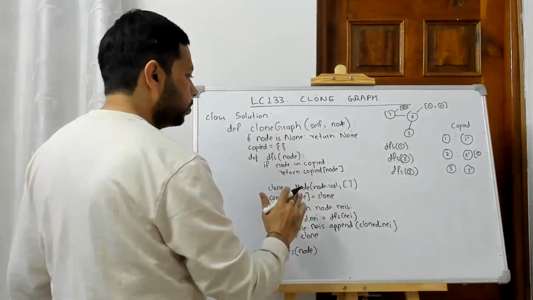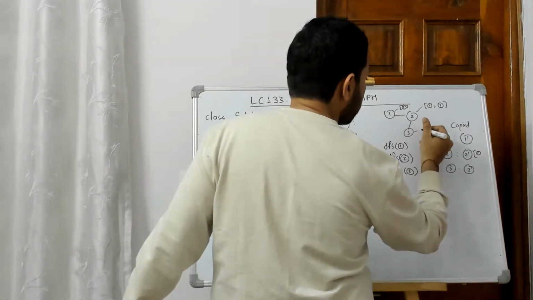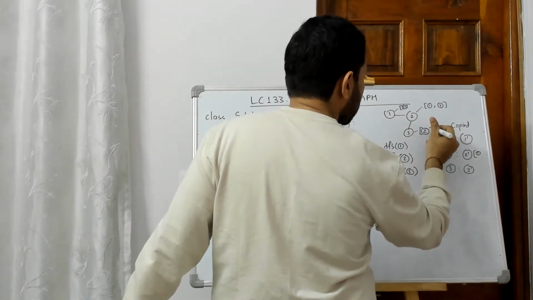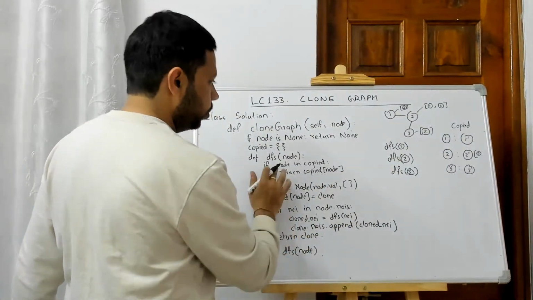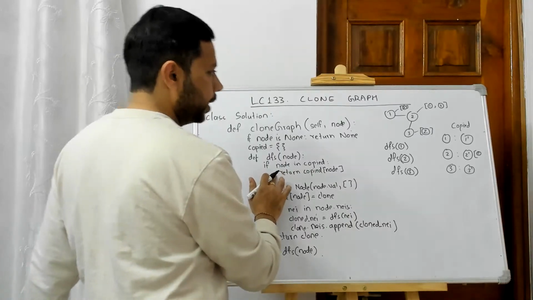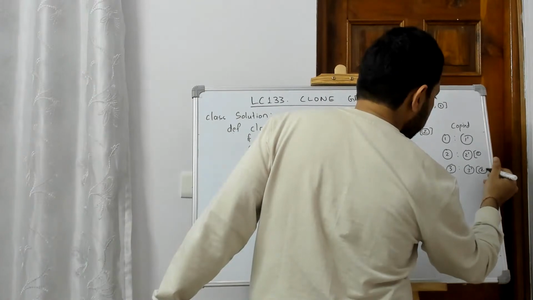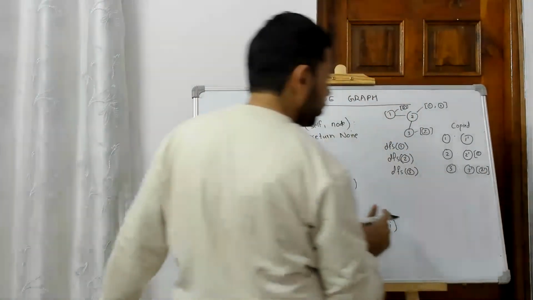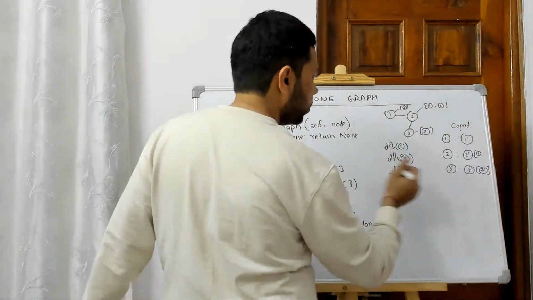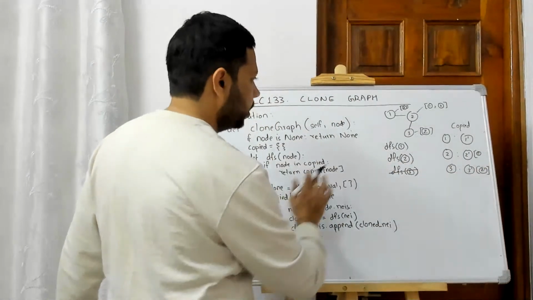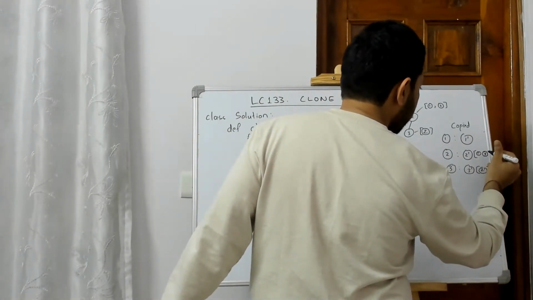And once you do that, you go to the neighbors of 3. Neighbor of 3 is 2. Now you do a DFS of 2 here, and 2 is part of copied. So you'll return 2 dash. Once you return 2 dash, you will append 2 dash in the neighbors of 3 dash. Once you come back from 3 dash, you will return 3 dash, and you will append it to the list of 2's neighbors. So this will become 3 dash.